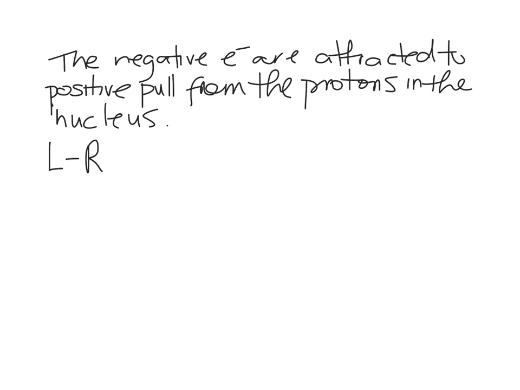And the reason is because that positive pull on the nucleus acts on each electron in that valence shell. So if you are lithium, you've got 3 protons pulling, but if you're neon, you've got 10 protons pulling. So the more protons you have, the stronger the pull, the tighter you can pull those electrons into the nucleus.